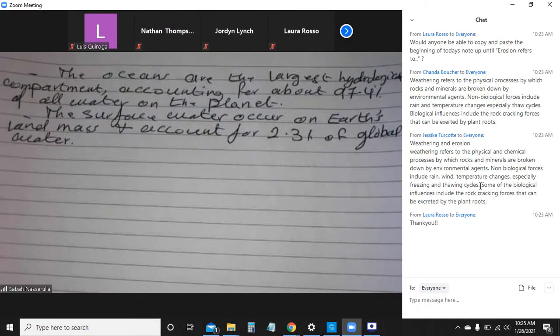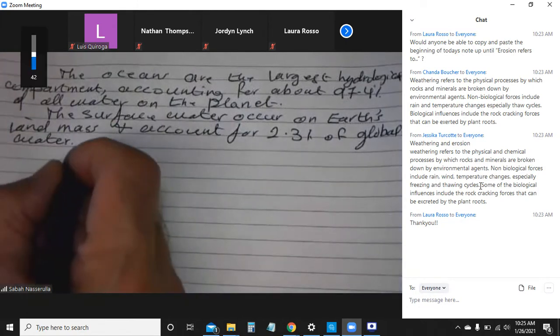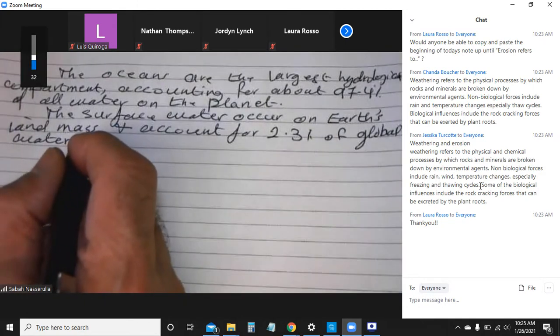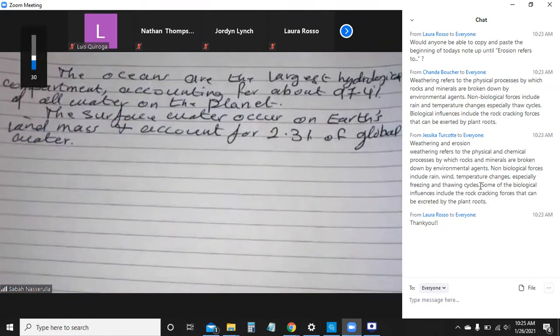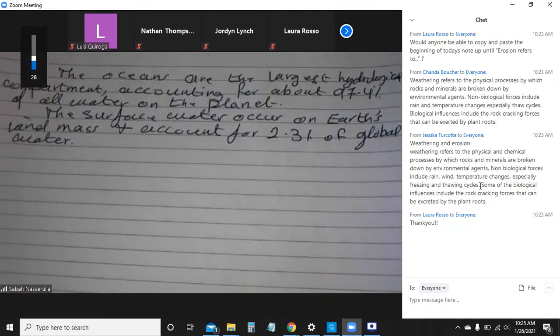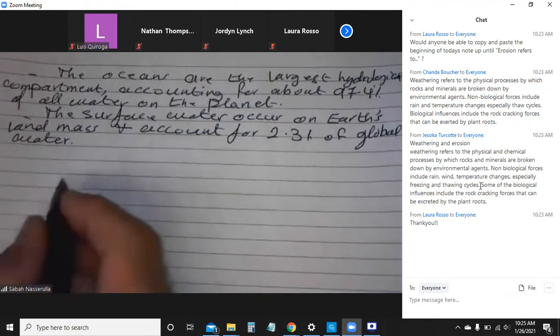2.3% of global water. Simply to mention, most of this is tied up in ice.